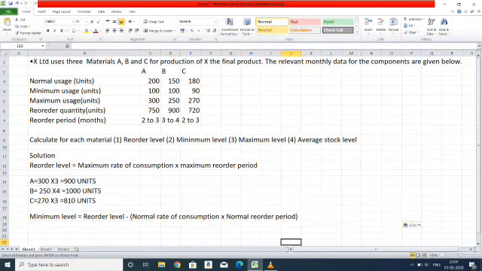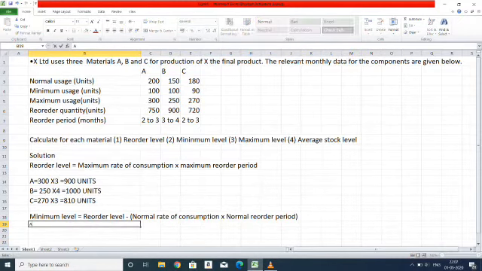Minimum level in case of A is equal to reorder level, which we already calculated, 900 units, minus normal rate of consumption, normal usage 200, into normal reorder period.